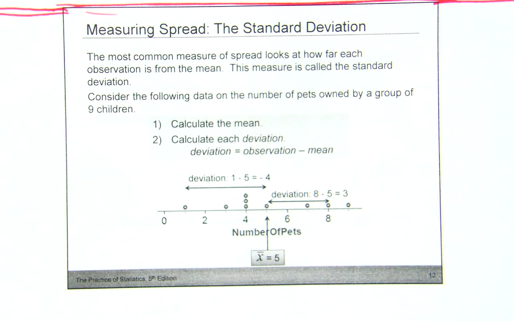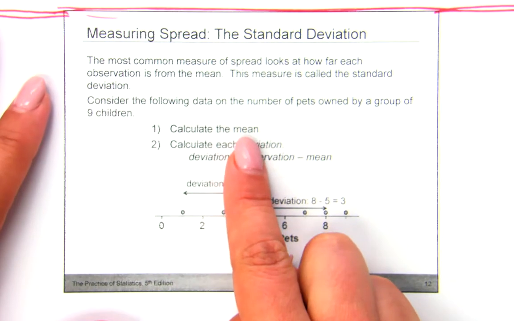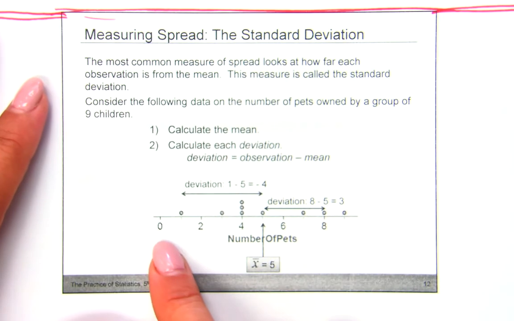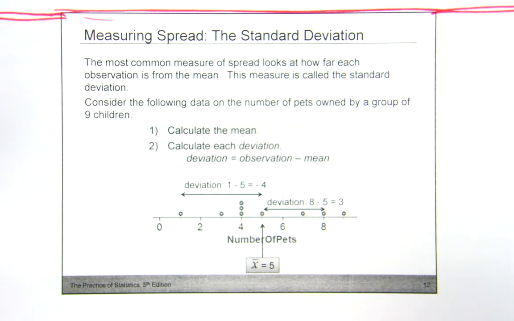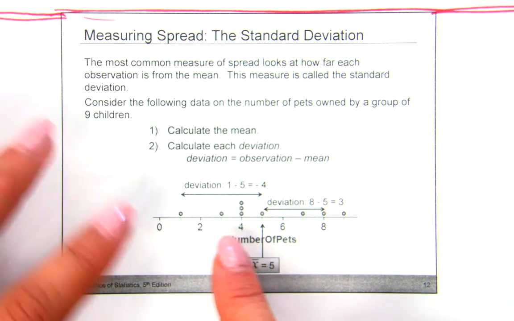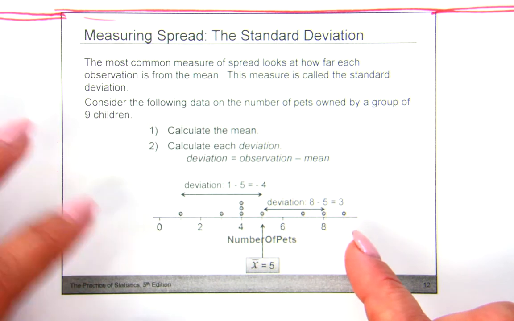So this measure is called the standard deviation, but before we even get there, calculating it by hand is going to be a little difficult. So first thing we want to do is calculate the mean. Here we have number of pets, maybe per household, owned by a group of 9 children.